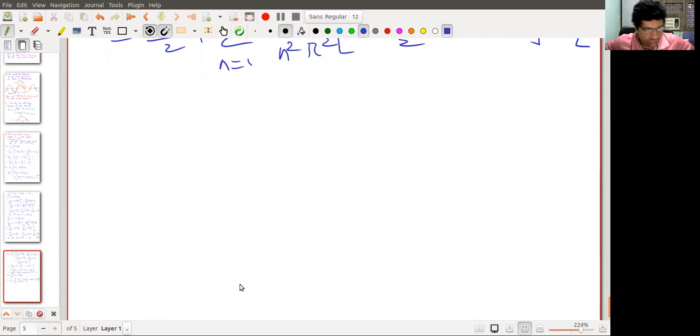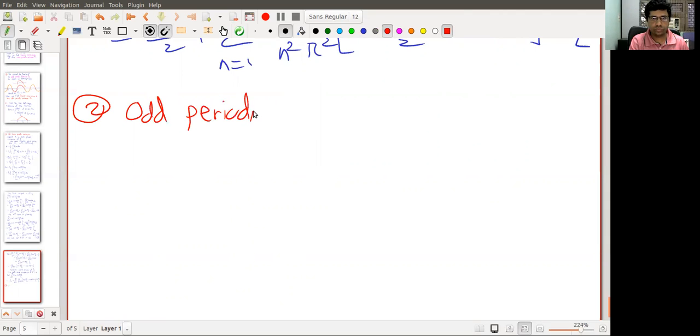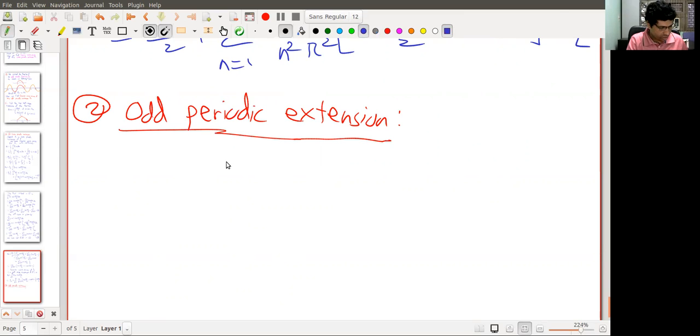So this was even periodic extension. Second thing is odd periodic extension. Okay, we extend given function f as odd function, and we find Fourier sine series.